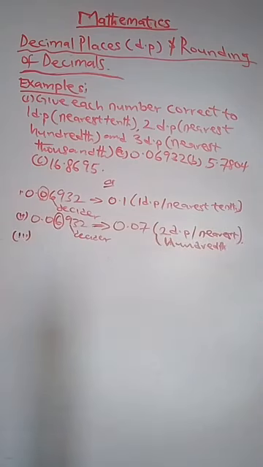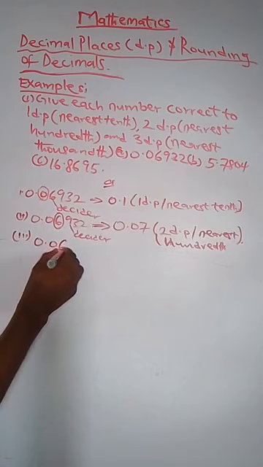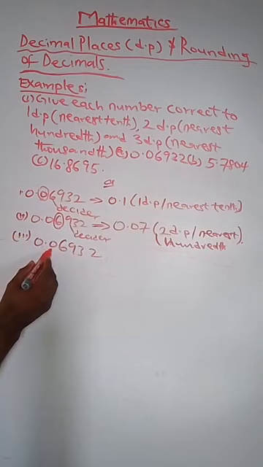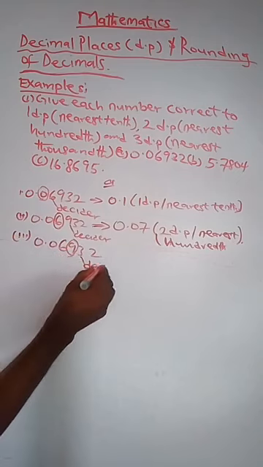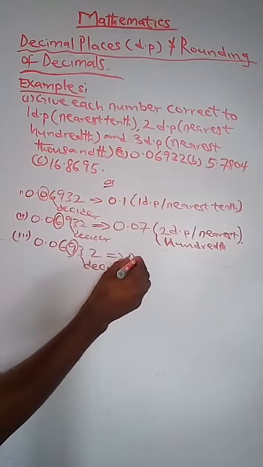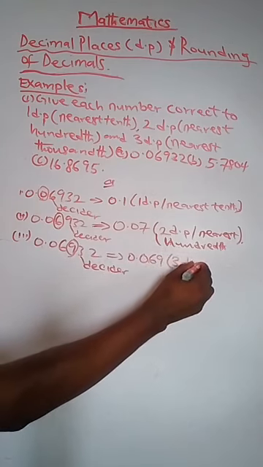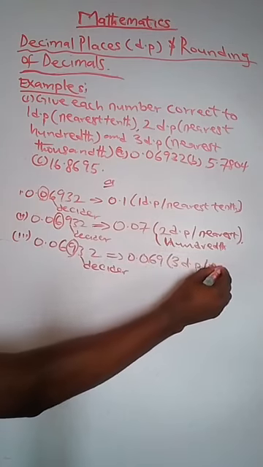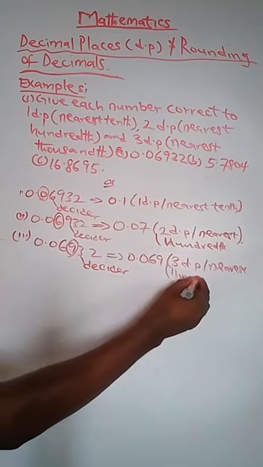Let's take it to 3 decimal places or nearest thousandth. 0.06932. 3 decimal places, that is 3 digits after decimal. This is where we are going. And since the decider is 4 or less, we round down. So this will be 0.069. That is to 3 decimal places or nearest thousandths.